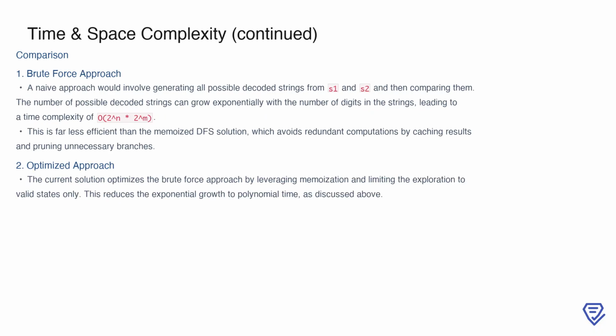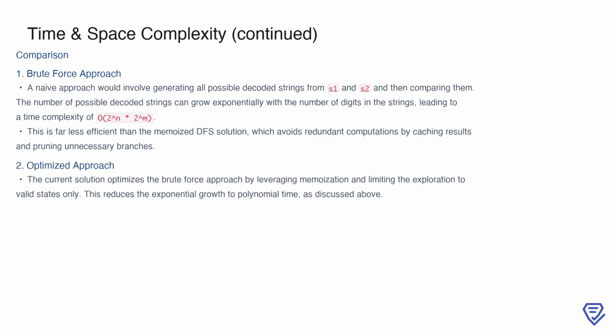To put this into perspective, let's compare the optimized approach to a brute force method. In a naive brute force approach, we would generate all possible decoded strings for s1 and s2 and compare them. However, the number of possible decoded strings grows exponentially with the number of digits in the strings, leading to a time complexity of O(2^n * 2^m).